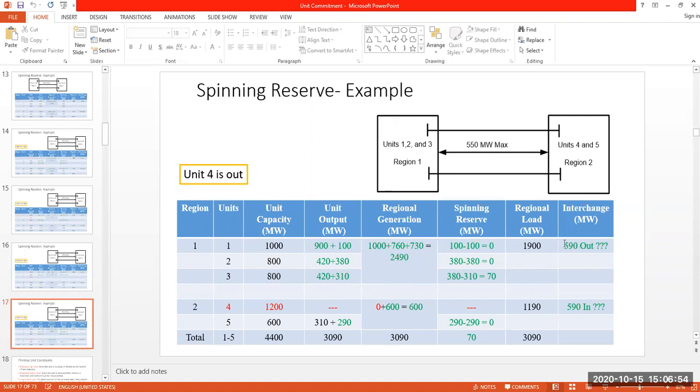The main part is I need 590 help from here. Now I have sufficient reserves, but the problem is that my interconnection cannot carry 590 megawatt. Do you get the point? The interconnection is not able to carry this power.